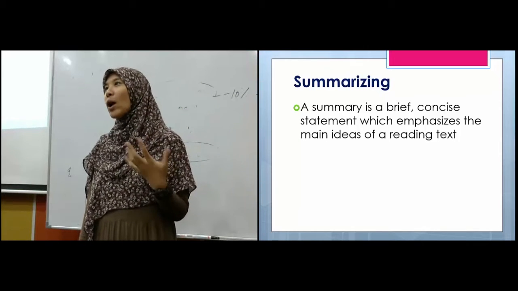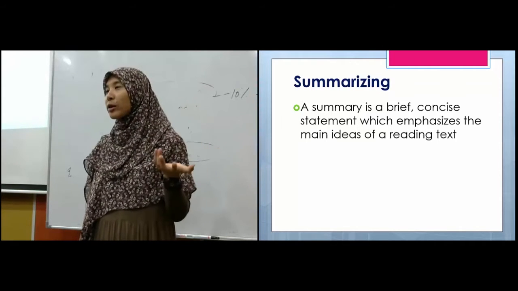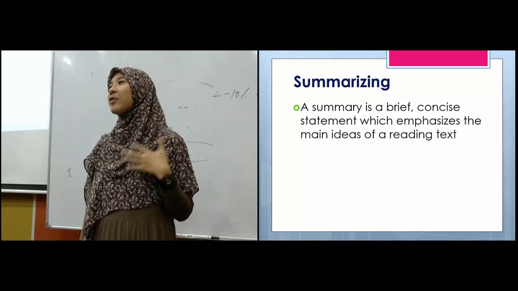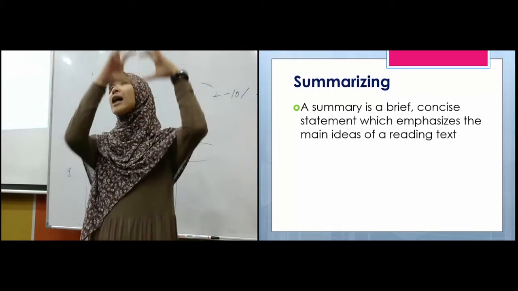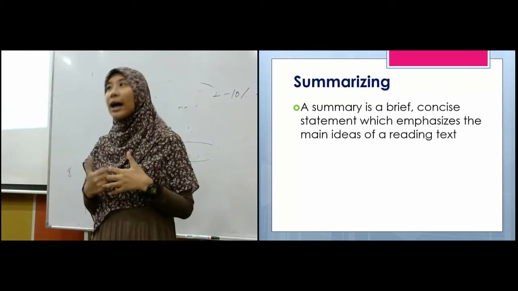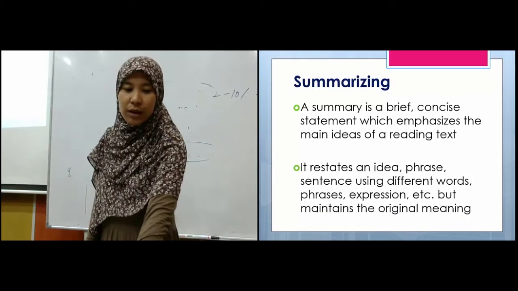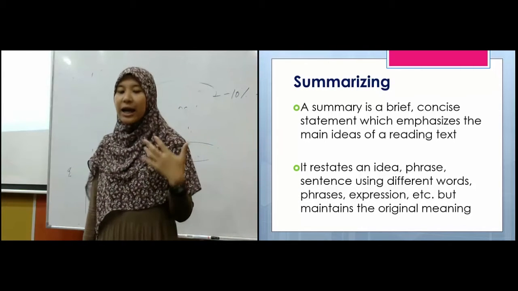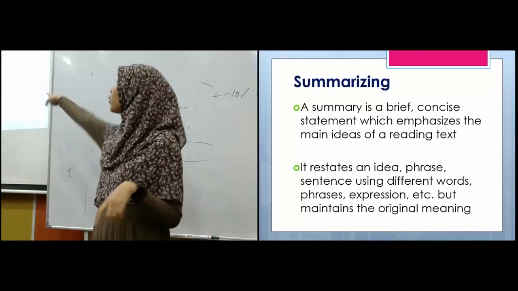But what you need to do is, yes, you still take all the important information, but you need to paraphrase. Paraphrasing means you use other words, instead of taking 100% the same thing and putting it on the paper, but still the same meaning. You restate the idea, phrases, and sentences using different words.